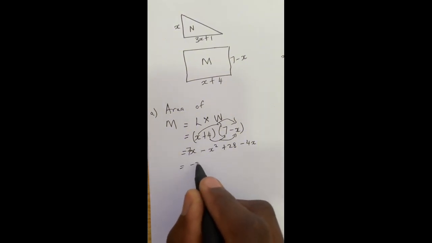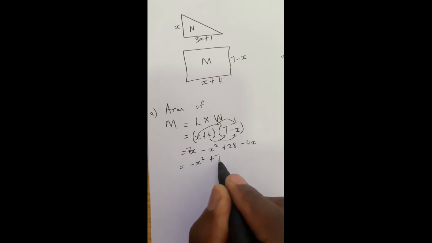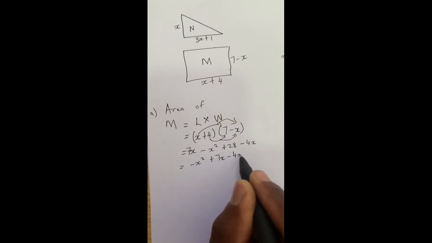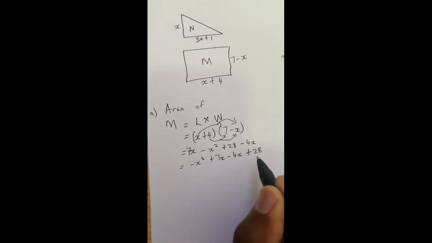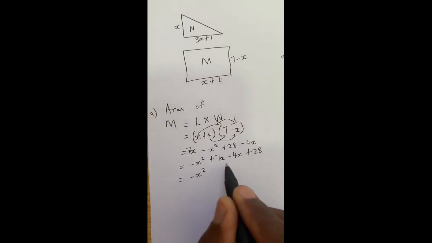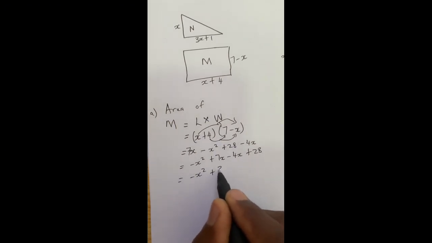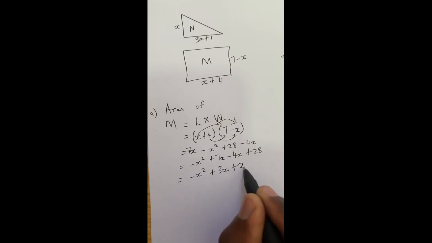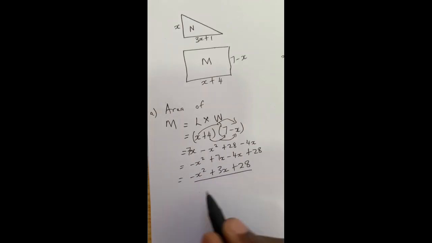And then we rearrange the terms: minus x squared plus 7x minus 4x plus 28. And this would give us minus x squared plus 3x plus 28. So that's the area of the shape M, the rectangle M.